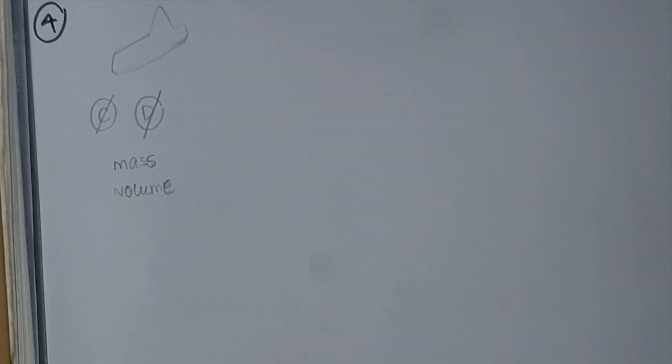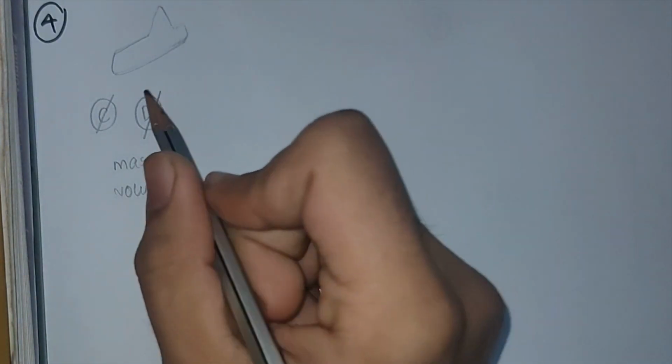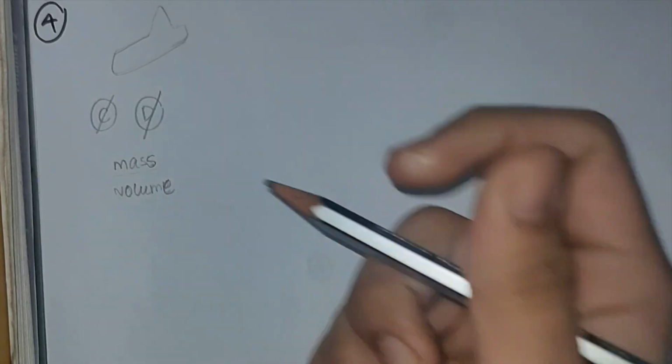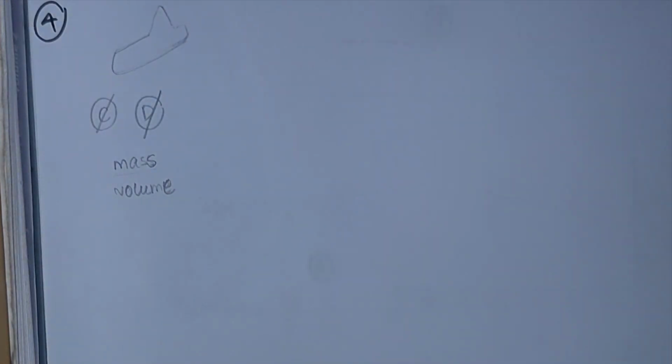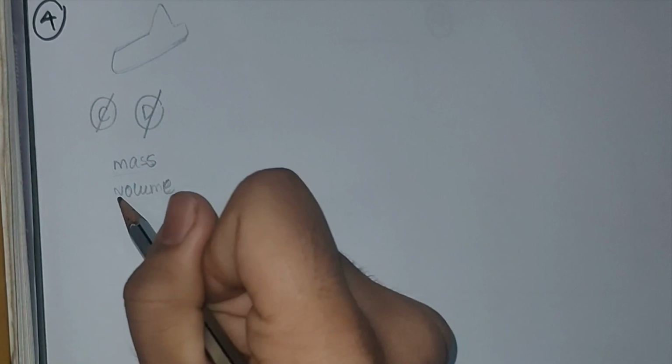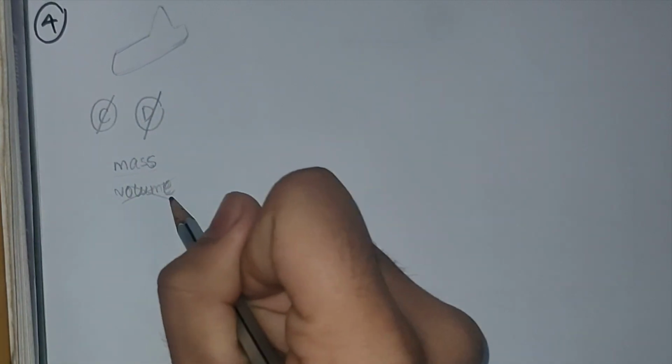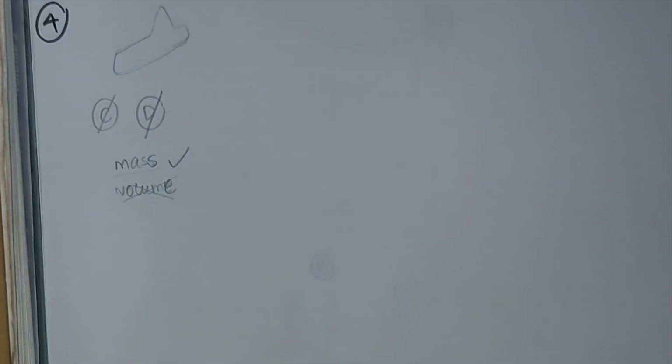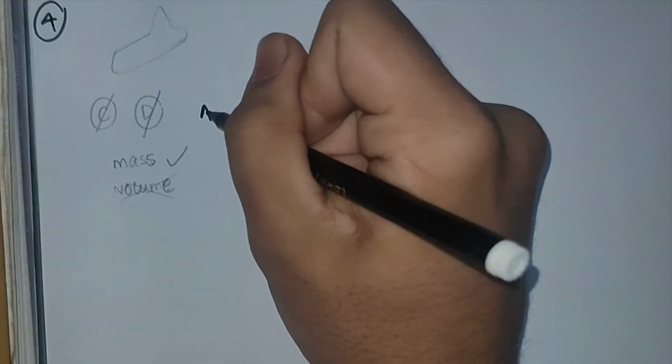It is that mass has inertia. So over here mass is the relevant one because inertia tries to stop, that is, resist change in speed and direction. And volume has nothing to do with inertia. So mass is our correct option. Therefore option A is correct.